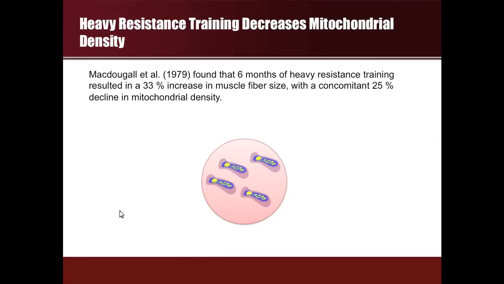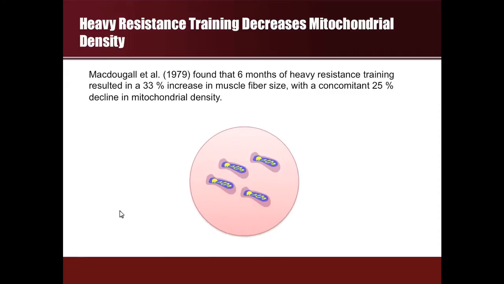McDougall did a study where he was looking at mitochondrial density and primarily power lifters, heavy resistance training, and basically mitochondrial density is how much mitochondria you have per unit area. What you see McDougall finds is that after 6 months of purely lifting heavy and not doing any cardio, that resulted in a 33% increase in muscle fiber size, but there's a 25% decline in mitochondrial density.